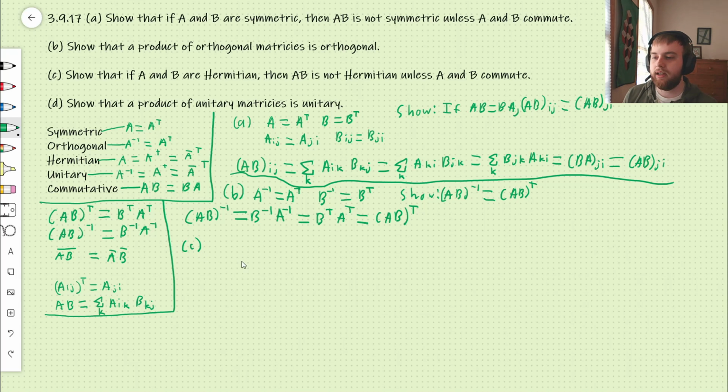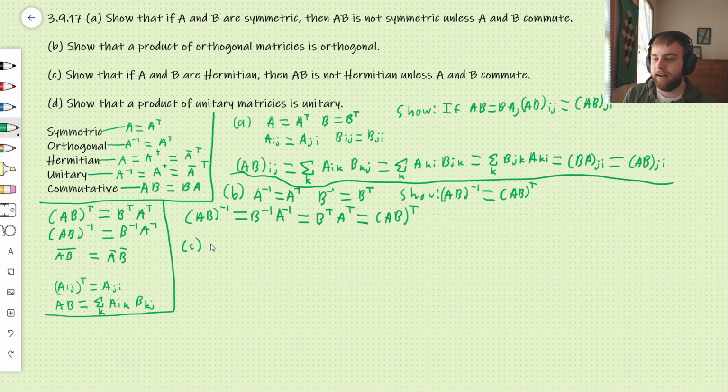For part C, we want to show that if A and B are Hermitian, then AB, the product, is not Hermitian unless A and B commute. So this is similar to part A, but with a couple more tricks in there. Keep in mind the bar on top means complex conjugate, as do these bars here.